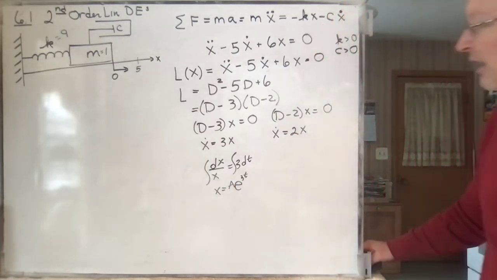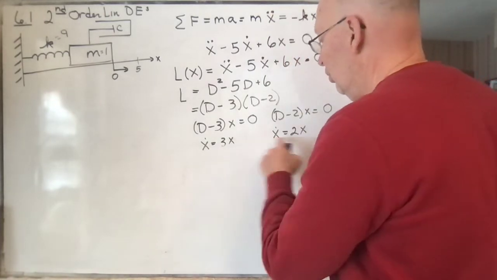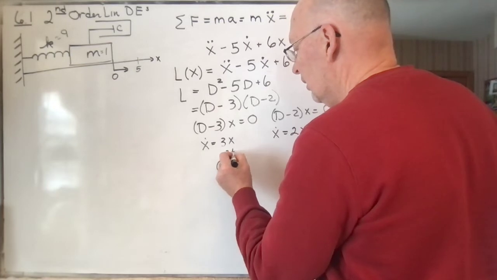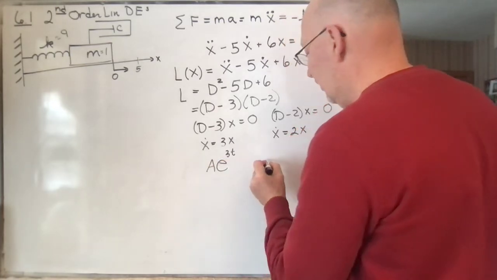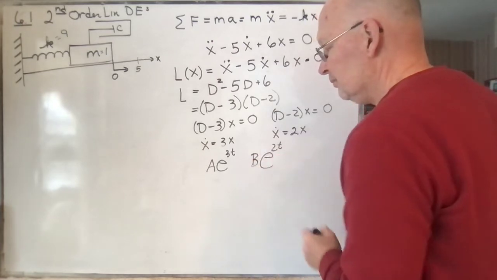And similarly here, you're going to get e to the 2t. So you're going to get two answers, e to the 3t with any constant out front, and e to the 2t with any constant out front.